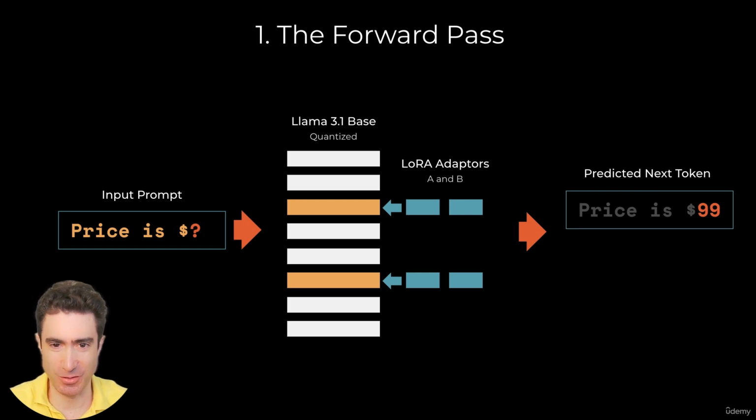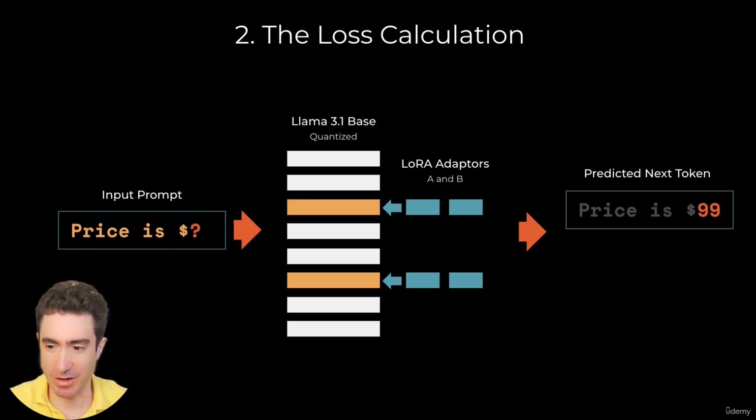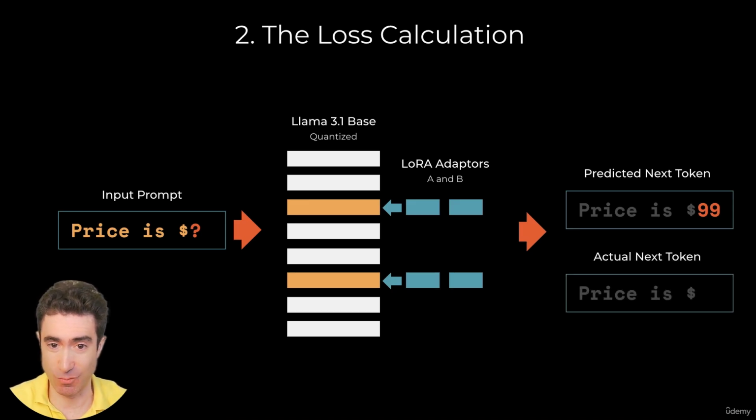All right, now on to the loss calculation. So here we are again. We've predicted the next token. So now the training process, the SFT trainer in our case, looks up what was the actual next token, because we've got the training data. We know the actual next token. And what was it? Let's say it was 89. It was lower. So we were wrong by $10.